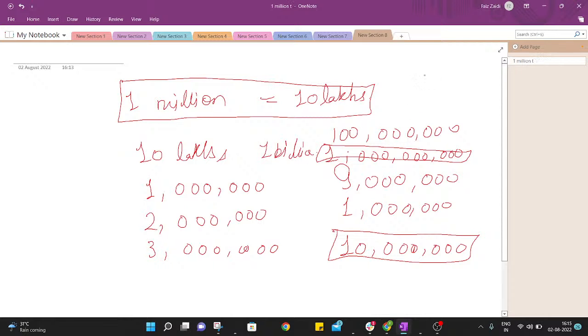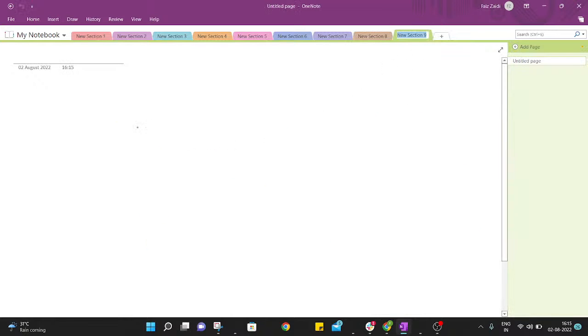Okay, let me just use another one to make it clear, so let me write 1000 million equals 1 billion. Okay, so you can see 1000 million equals 1 billion.